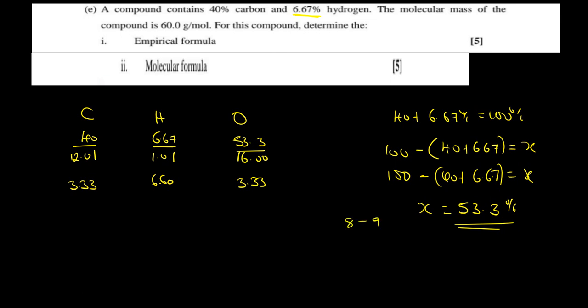The rest you can handle by multiplying by a common factor that will increase the numbers. We'll do that when we meet a question. So now you divide throughout by the least number that you have, in this case 3.33.